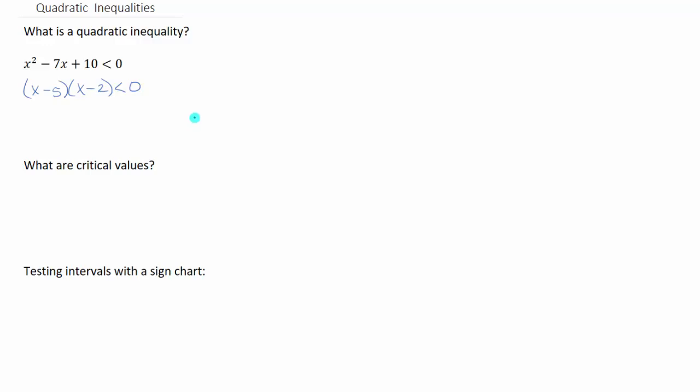That's not logically true. For example, if I have a negative 10, I know that is less than 0. But let's say that we factor that as negative 5 times a positive 2 and make that less than 0. Does that also mean that negative 5 is less than 0 or 2 is less than 0?